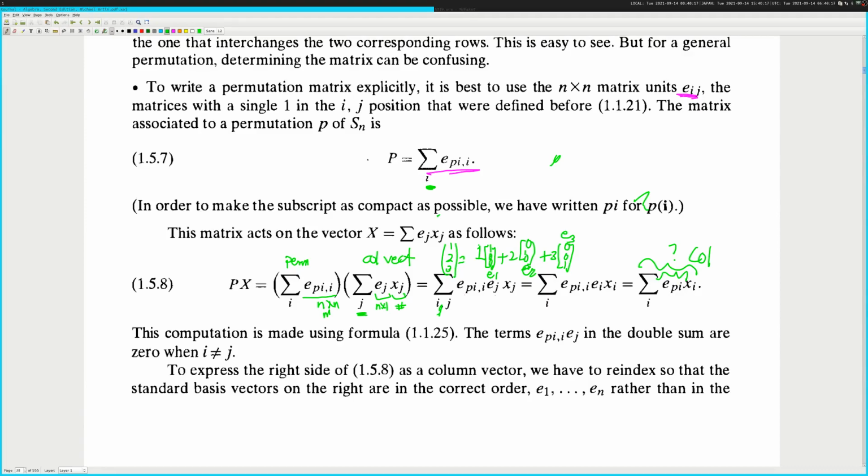I mean, look at this. So this is an n by n matrix times an n by 1 matrix times a scalar times a number.